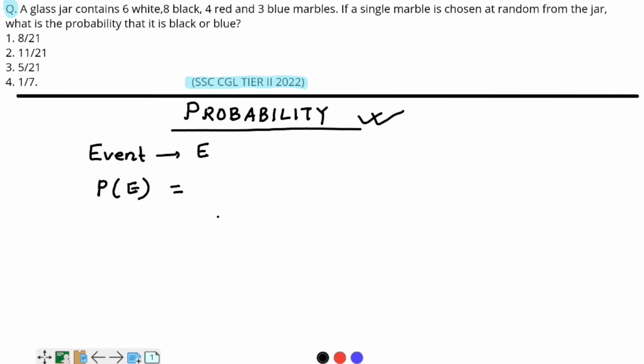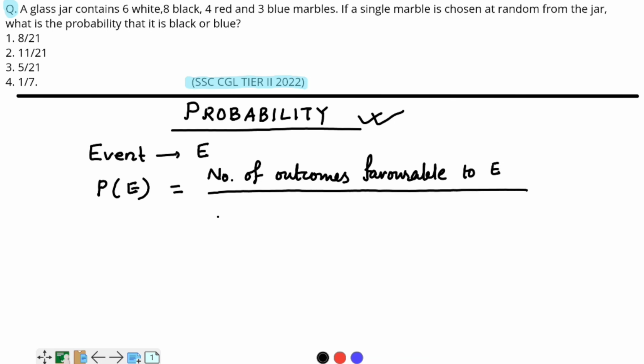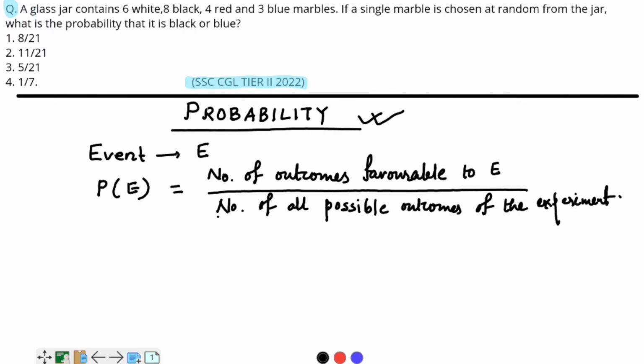Probability is equal to the number of outcomes favorable to the event E, divided by the number of all possible outcomes of the experiment. Alright, this is the definition of probability. We will solve our problem from this formula.